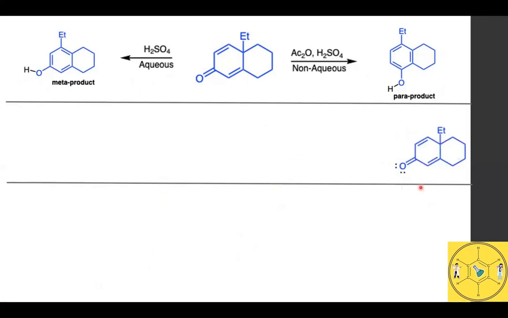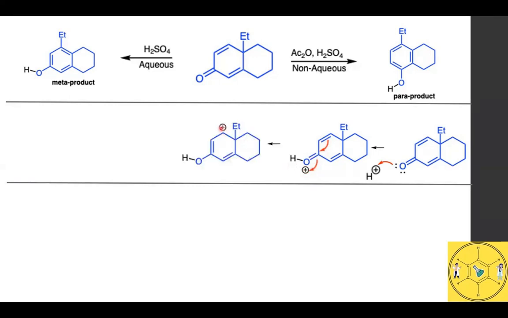So here you see this fused cyclohexadienone. This carbonyl oxygen has two lone pairs of electrons, so it readily protonates, which generates this intermediate. Now the electron shift can take place in two ways, either this side or this side. We will migrate in this fashion. Here this electron moves here and this electron moves towards the oxygen, which generates this carbocation intermediate.